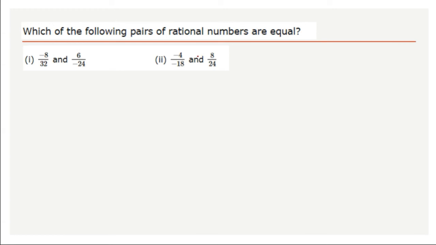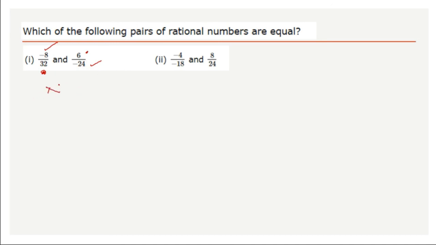In this method, we are going to multiply the numerator of the first rational number with the denominator of the second, then the denominator of the first rational number with the numerator of the second.